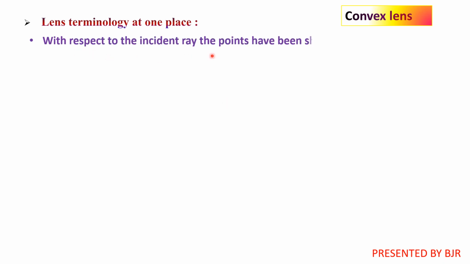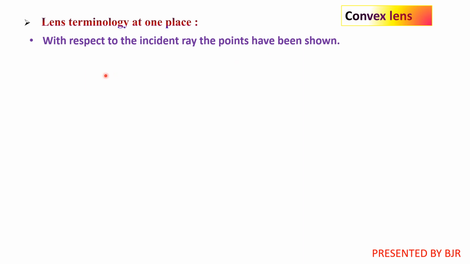So this is the terminology related to lenses. Let us write all the terminology at one place. To remember easily, here I am showing you all the terminology related to convex lens at one place. See here. With respect to the incident ray, the points have been shown.